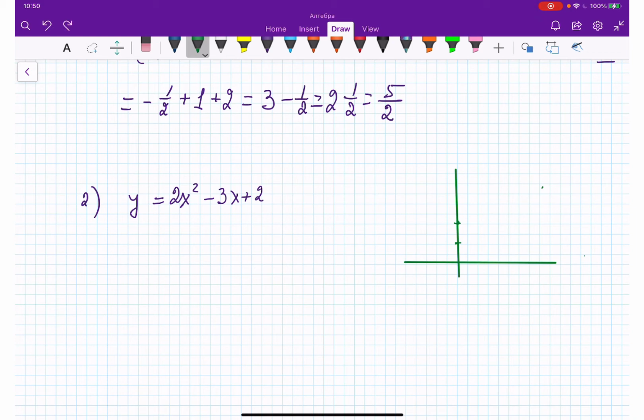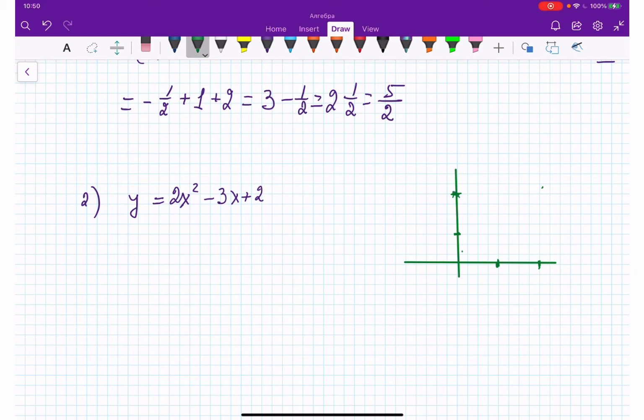Let me take a wider size so we can see: 1, 2, 3, 4. So one point is going to be at 2, because when x is equal to 0, it's going to cross the y-axis right here.